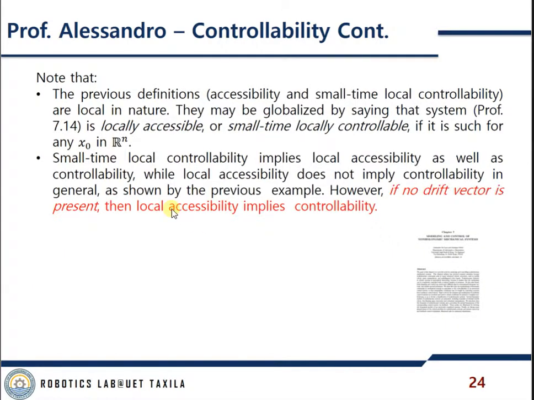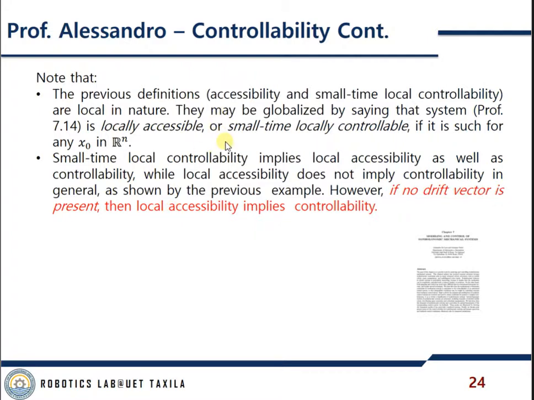An interesting point is that the previous definitions, accessibility and small time local controllability, are local in nature. They may be globalized by saying the system is locally accessible or small time locally controllable if it is such for x naught in the whole space. Again, another point: small time local controllability implies local accessibility as well as controllability, while local accessibility does not imply controllability in general.